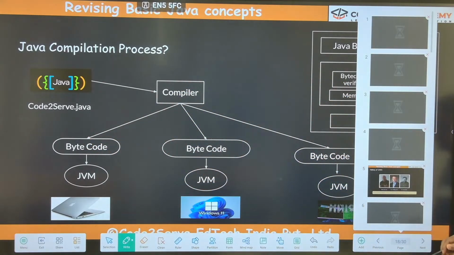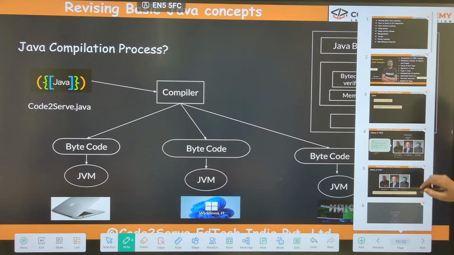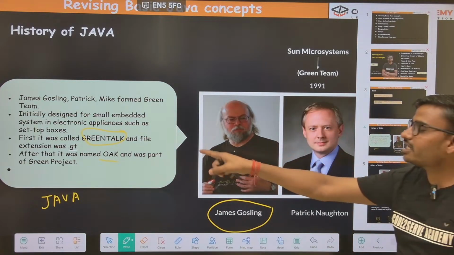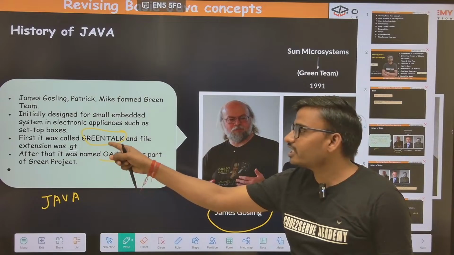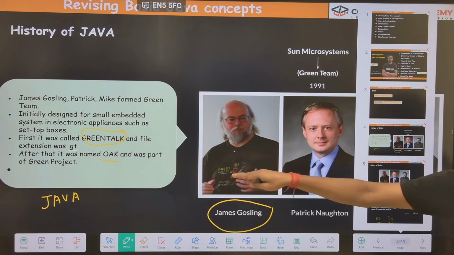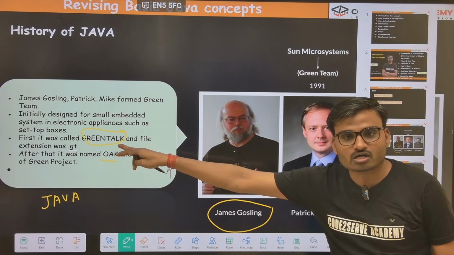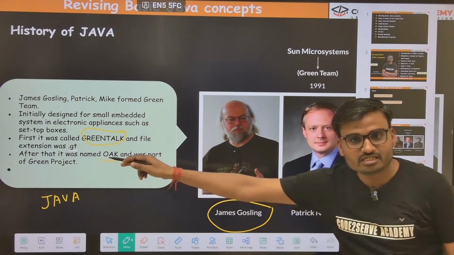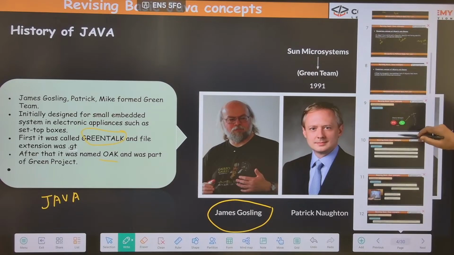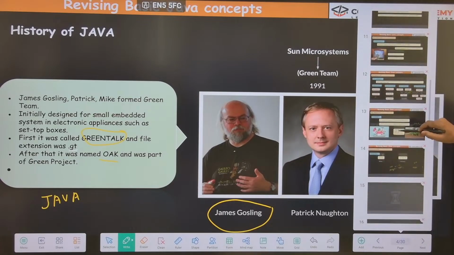When we were in this slide, I told you, in the earlier days, when they developed one platform for the set-top box, they named it Green Talk, and the extension was .gt. But after that, the name changed to Java.